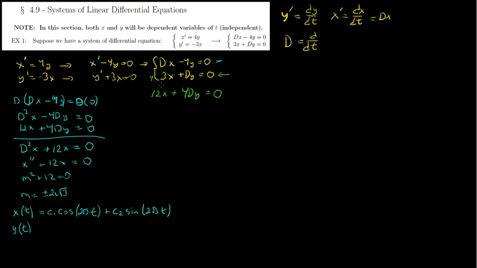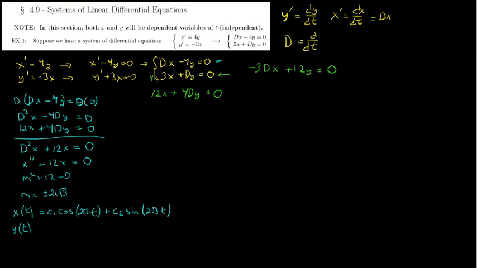So we can do that. Let me do that over here. If we multiply the first equation by negative 3, we get negative 3 dx. Negative 3 times negative 4 is positive 12, so positive 12y equals negative 3 times 0, which is still 0. Okay.